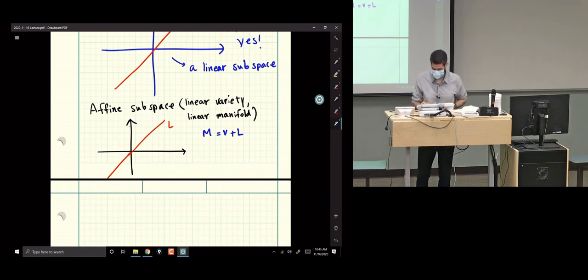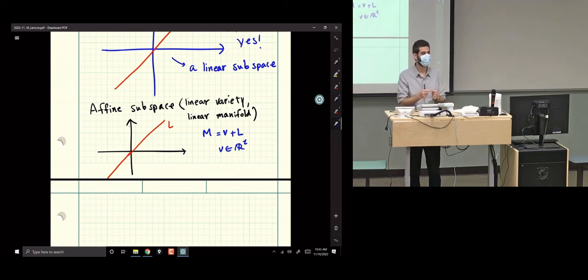So L is a line, V is just a 2D vector. And this notation means that take that V and add it to every single point in the set L.